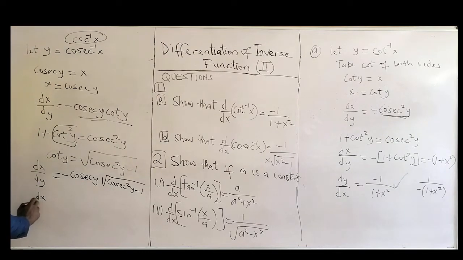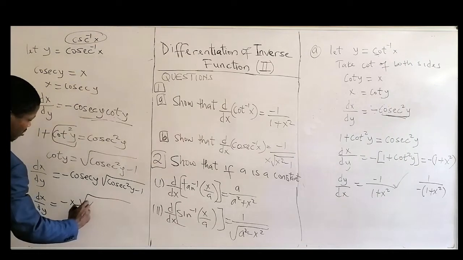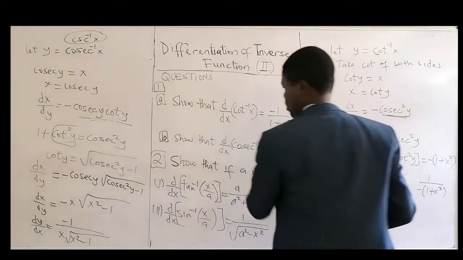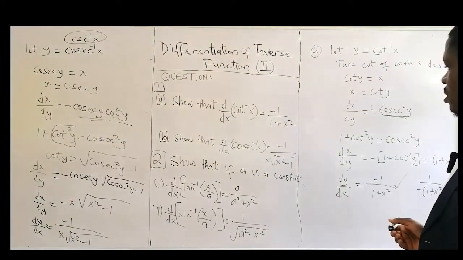So dx/dy is equal to minus x times the square root of x squared minus 1. Can you take the inverse of both sides? If you take the inverse of both sides of the equation, you have dy/dx equal to minus 1 over x into brackets the square root of x squared minus 1. So that's the differential coefficient of inverse cosec.